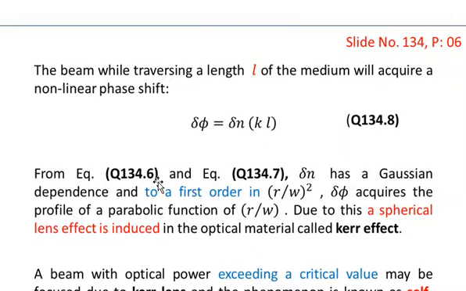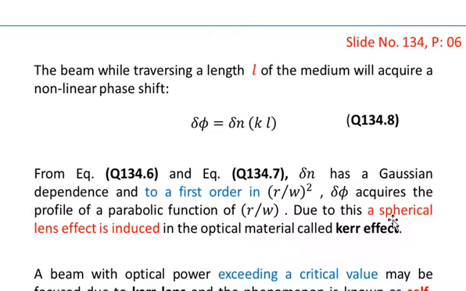So from equation number 6 and 7, delta n has a Gaussian dependence, and to a first order in R over W square, delta phi acquires the profile of a parabolic function of R over W, because a Gaussian profile more or less is also parabolic at its wings, that is, away from its peak value.